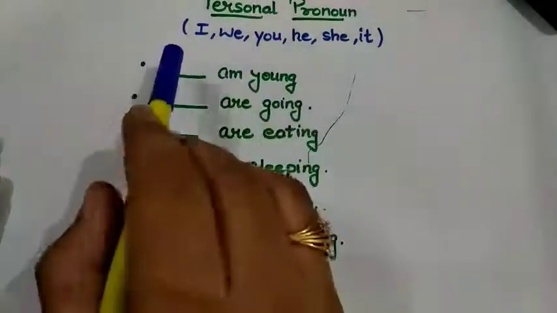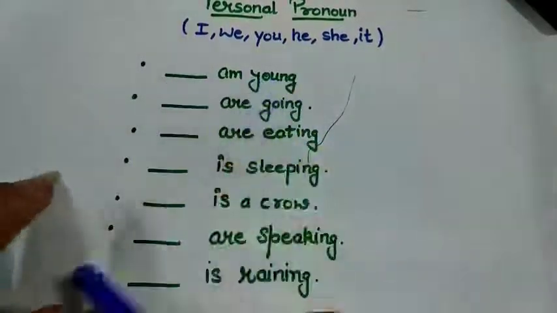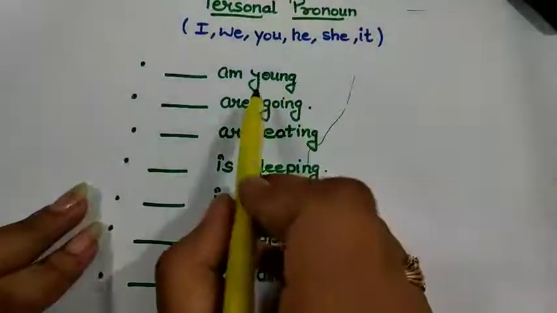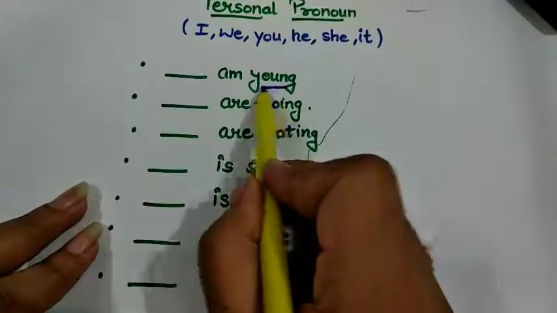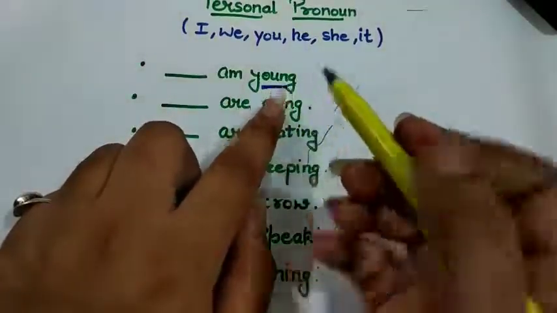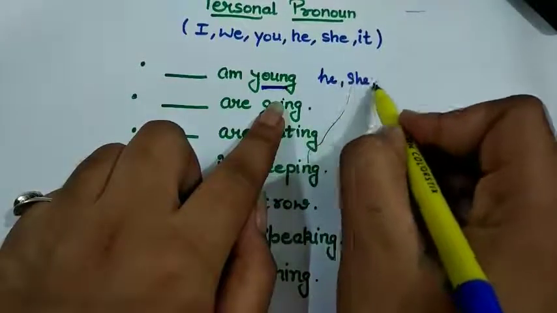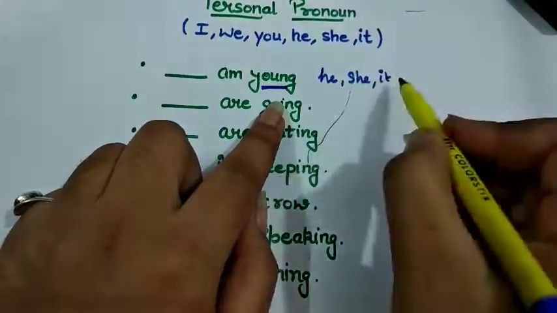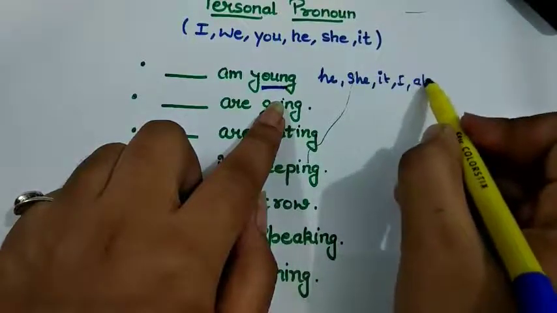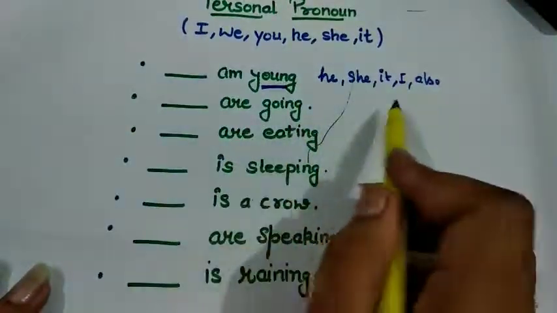The very first example says: dash am young. From the statement we can see that here we are talking about a person, right? Now when we talk about a person or a subject, we can fill it with he, she, it, and I also, right? But can I write any of them here?